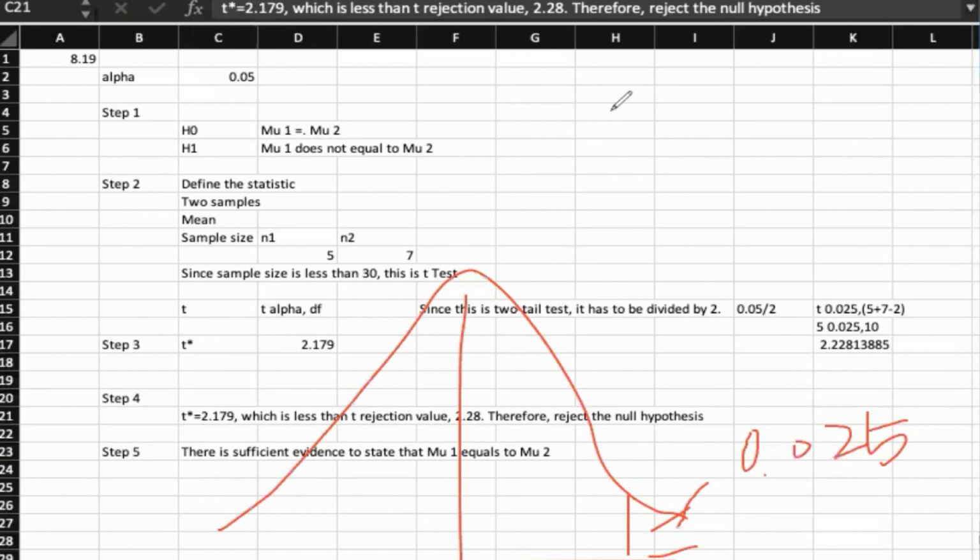And we have the calculated value, 2.179. As you can see, this does not fall into the rejection region. It is less than 2.28. Therefore, fail to reject the null hypothesis.